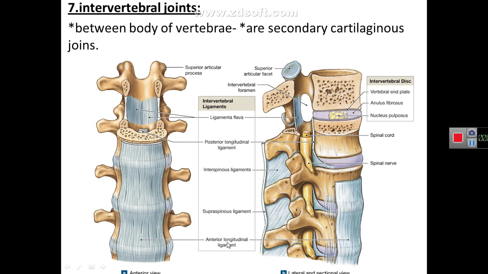That's all about the joints of the thorax, and as you can see, I'm presenting the main issues in the joints regarding the type of the joint, articulating bones, and some of the ligaments, in consideration to what is important in terms of clinical applied anatomy.